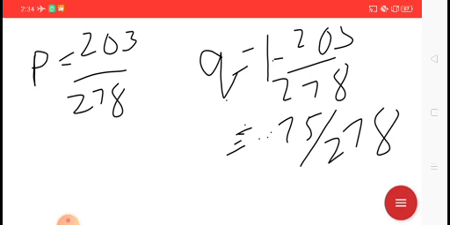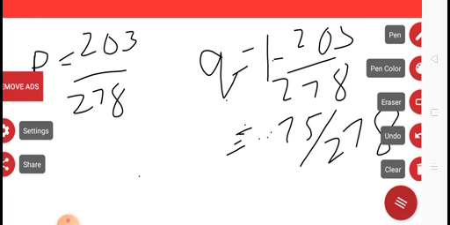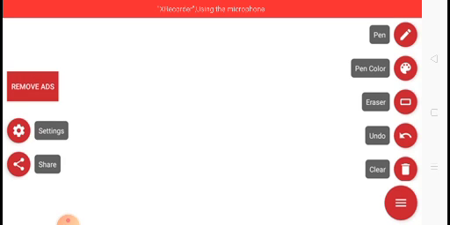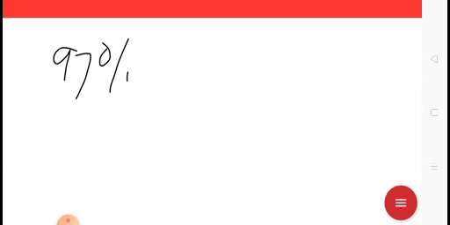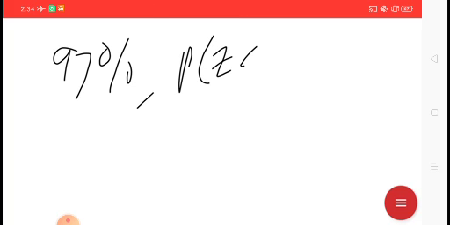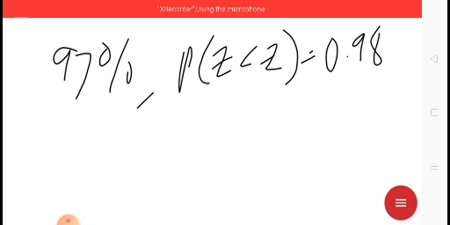Okay, so now the question is asking you to find the 97% confidence interval. For a 97% confidence interval, the approach is the same as in the previous part: P(Z < z) equals 0.985.